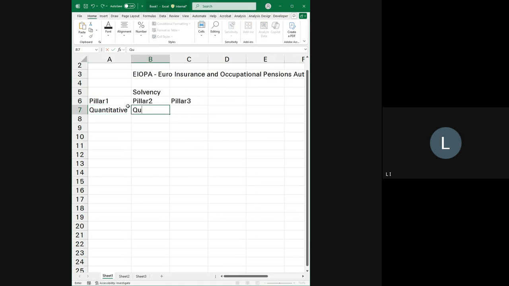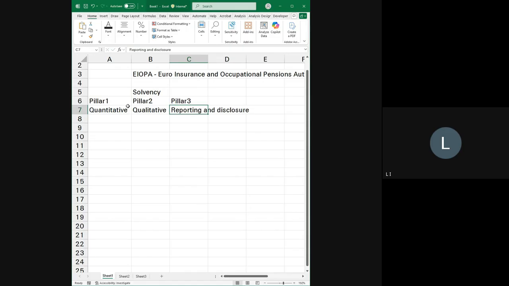The second one is about your qualitative requirements, okay. We'll come to what each of them stands for, right? And the last one is the actual reporting and disclosure, okay. So for example, you all would have heard about these things, right?